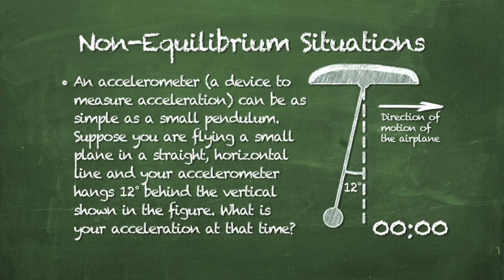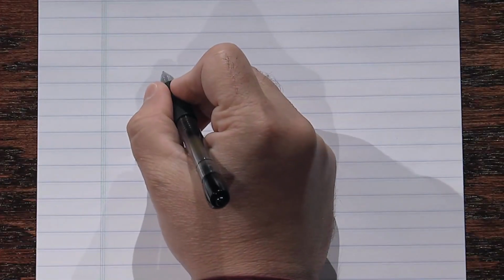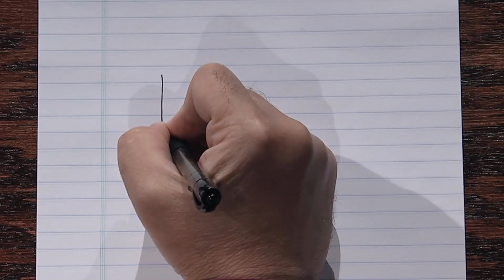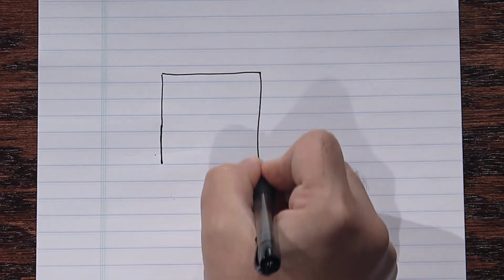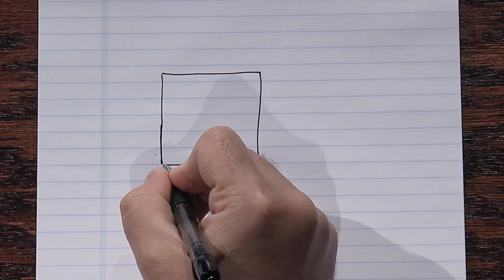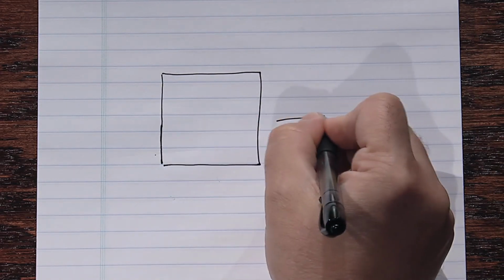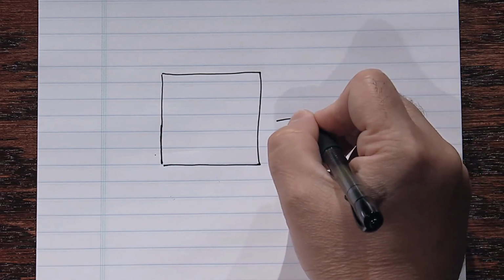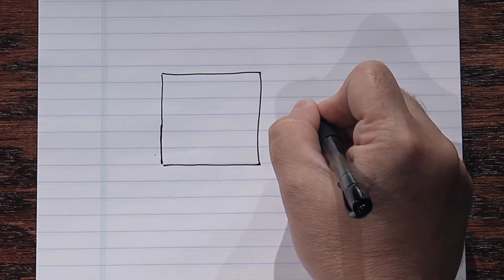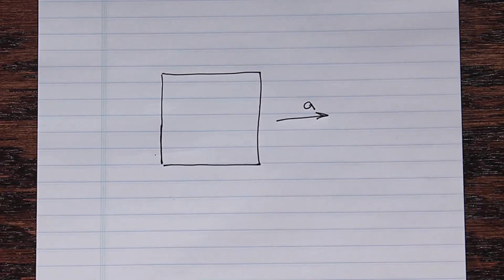Okay, let's draw a diagram. Let me draw a box for the airplane. And the airplane, we're told, is accelerating. So that is the direction of the acceleration of the airplane and all the contents in the airplane.